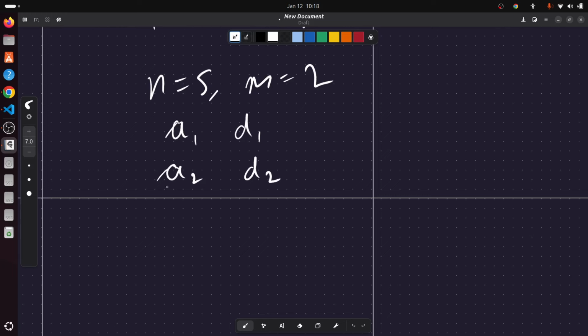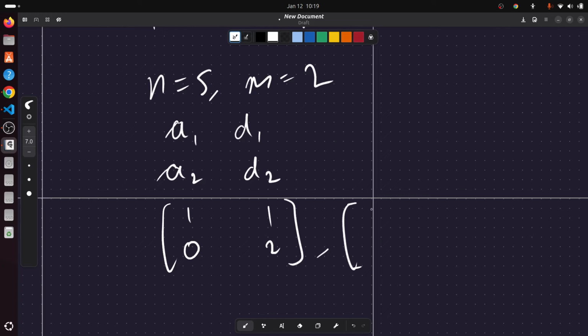So one possibility is maybe 1 comma 0 comma 2 comma 1. Okay, d1 can't be 0, sorry, my bad. So 1 comma 1, and let's say this is not satisfying. Let's say 0 comma 2. Okay, this is one possibility. So 2 into 1, this is 2, plus 0 plus 1 plus 2, which is 5. So this is one possibility of breaking. Then another possibility of breaking is what?